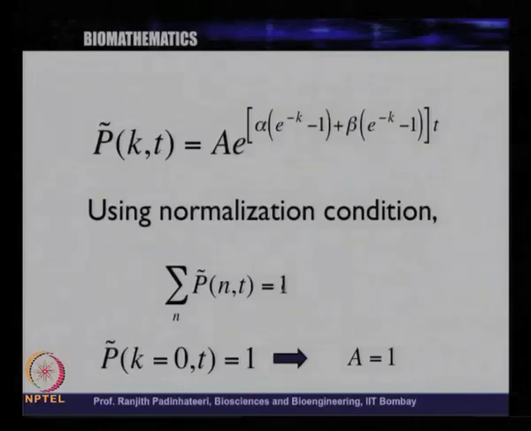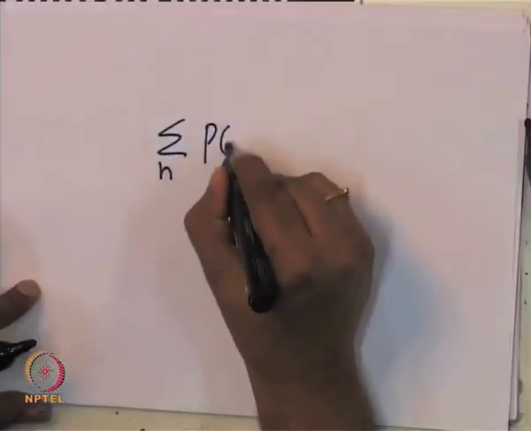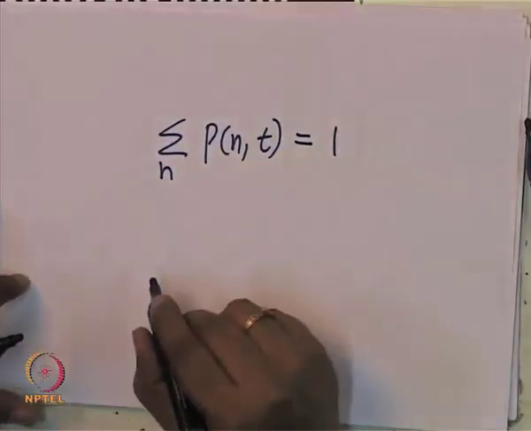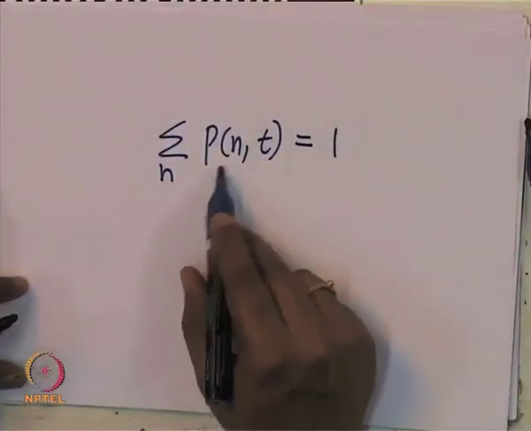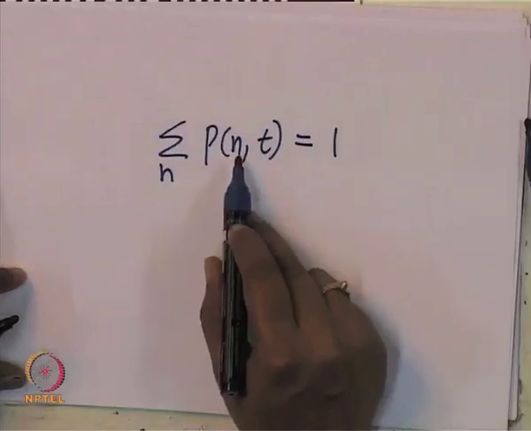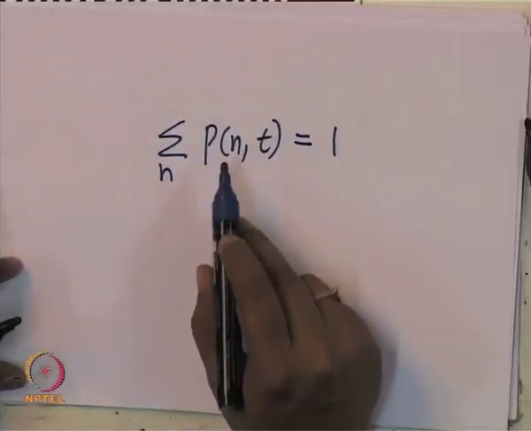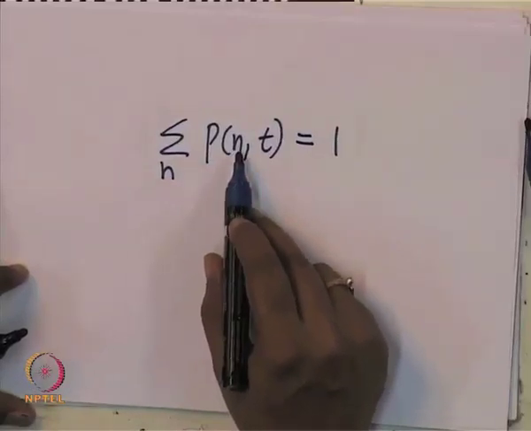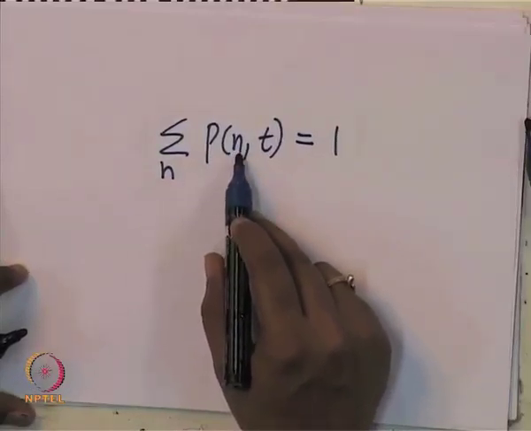So, the sum over n of p n at a particular time has to be 1, because at any particular time there will be a probability to have a filament of 0 length, plus 1 length, plus 2 length, 3 length.